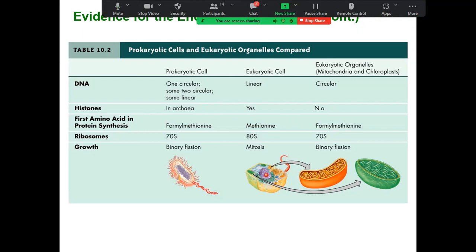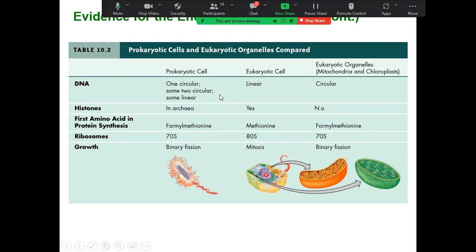When we look at the presence of histones, you find them in a eukaryotic cell's DNA. They're missing in bacteria, the histone proteins, and they're missing in the DNA of mitochondria and chloroplasts. When we look at the type of DNA, eukaryotes have linear chromosomes.